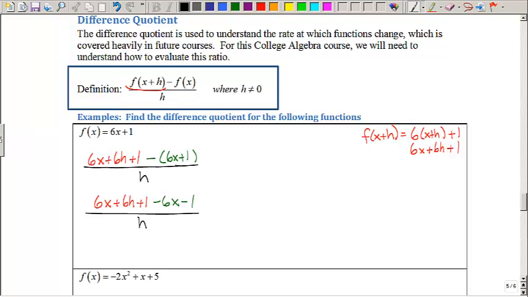The 6x minus 6x adds to 0. The 1 minus 1 adds to 0. And I'm left with 6h divided by h, which reduces to 6. Therefore, the difference quotient for the function f of x equals 6x plus 1 is equal to 6.